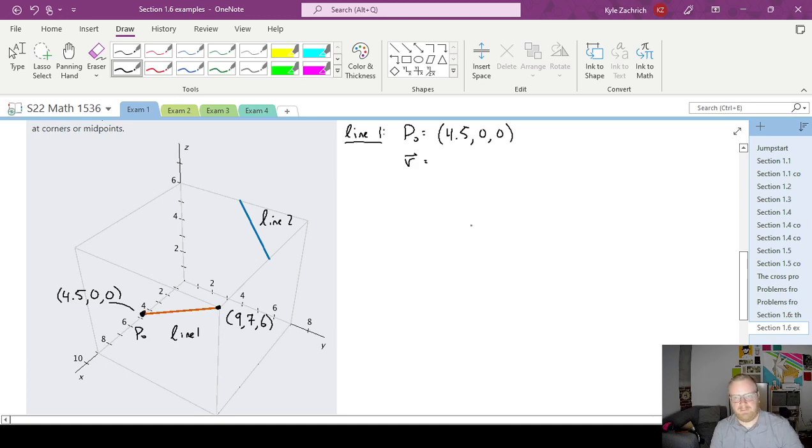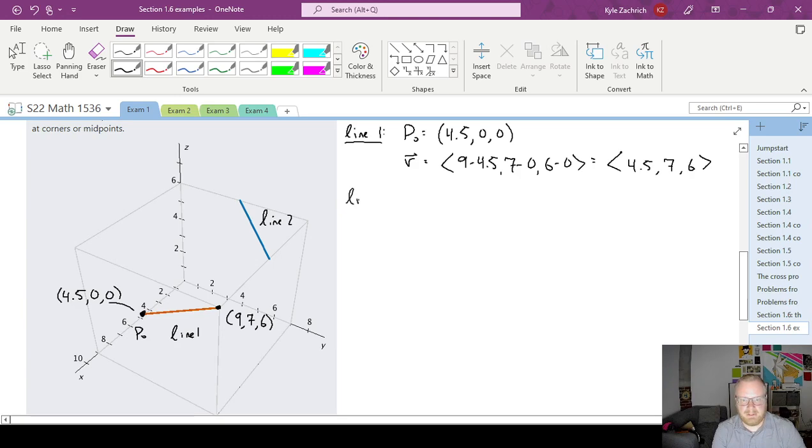So let's see, that will be the vector 9 minus 4.5, 7 minus 0, and 6 minus 0. So that's going to be the vector 4.5, 7, 6. Yeah, I'm happy with that decision.